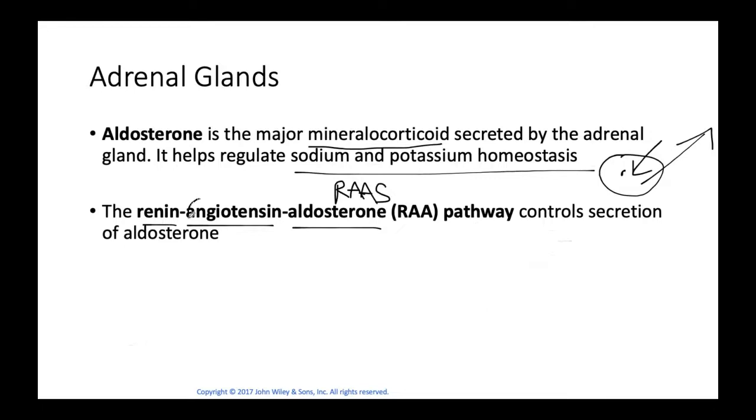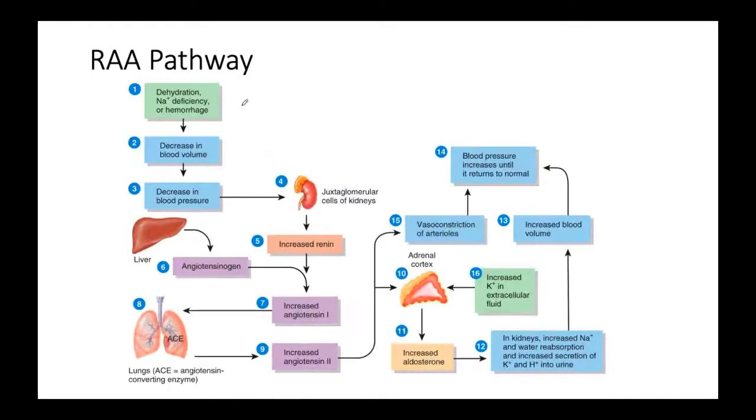We see angio, which is like angiology, an angiograph, angiogram. Angio relates to blood vessels. And tensin, that word looks like tension. When we see renin, REN is like renal. That has something to do with the kidney. And aldosterone, we know. So let's take a look at this RAAS, the renin angiotensin aldosterone system.